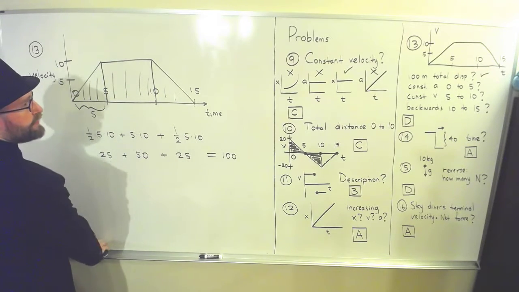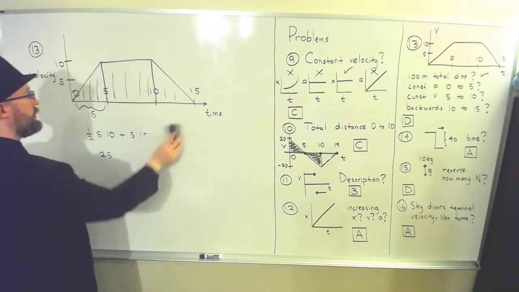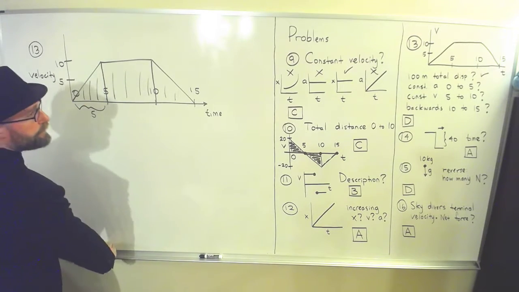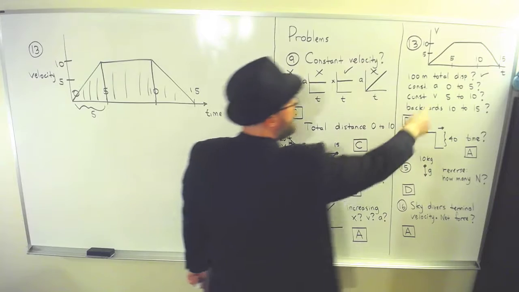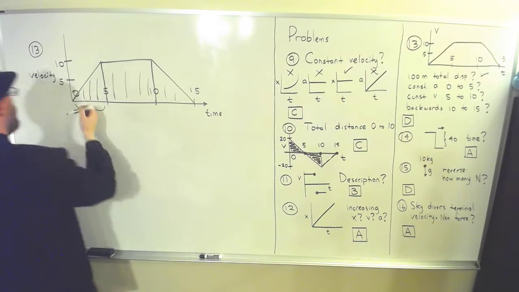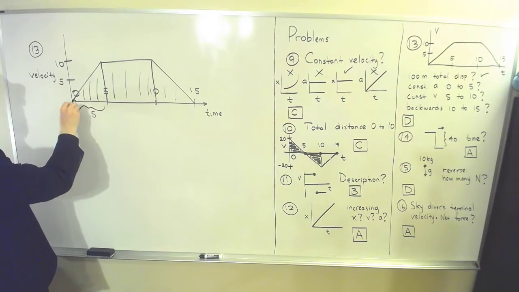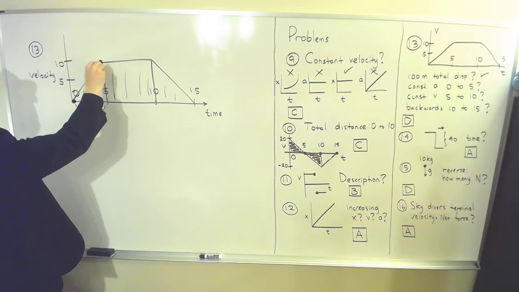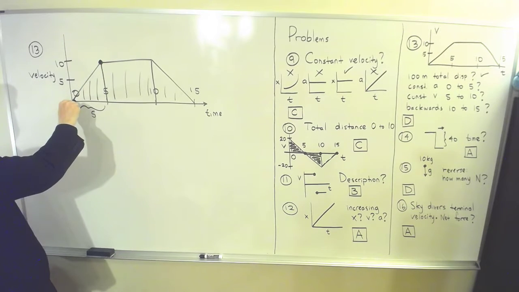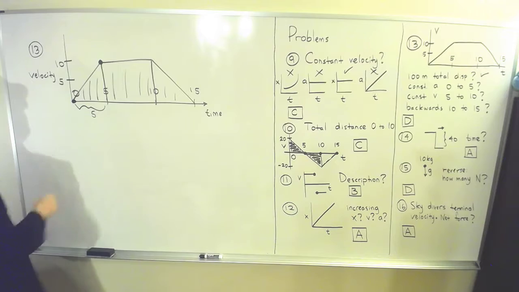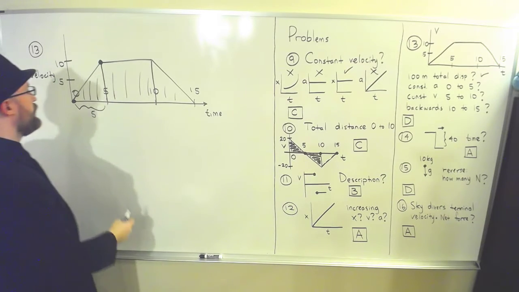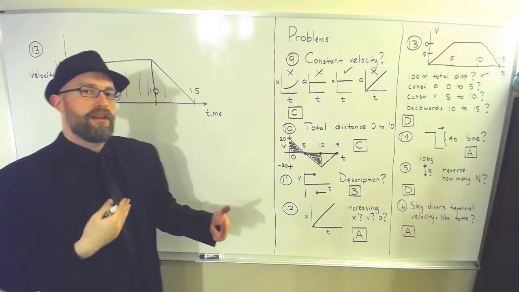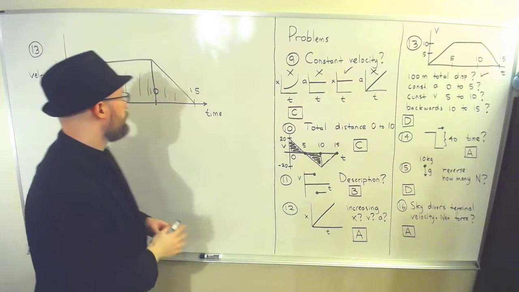So the second question is, is the acceleration constant from time equals 0 to time equals 5? Now that's this interval here, moving from here to here. Now you might look at it and say, well, it's not constant because it's increasing, but that's the velocity that's increasing. And a constant increase in velocity is constant acceleration.